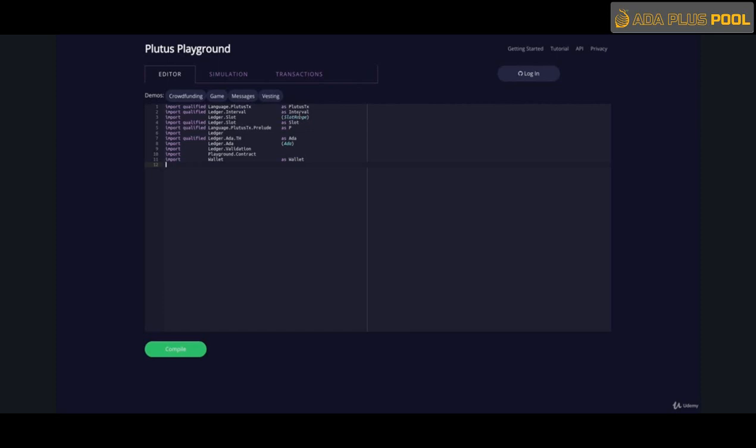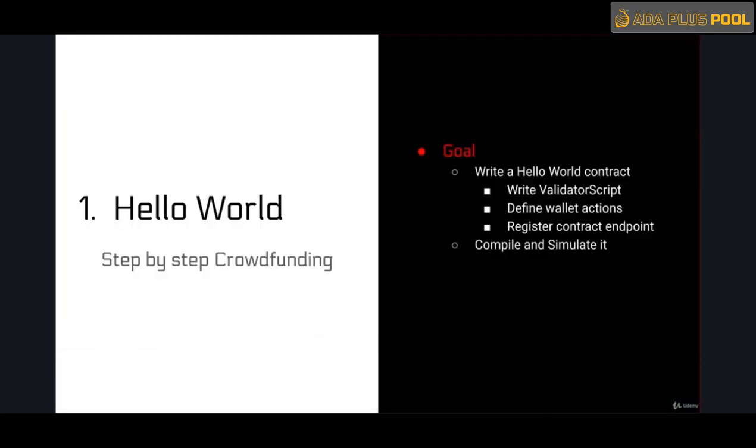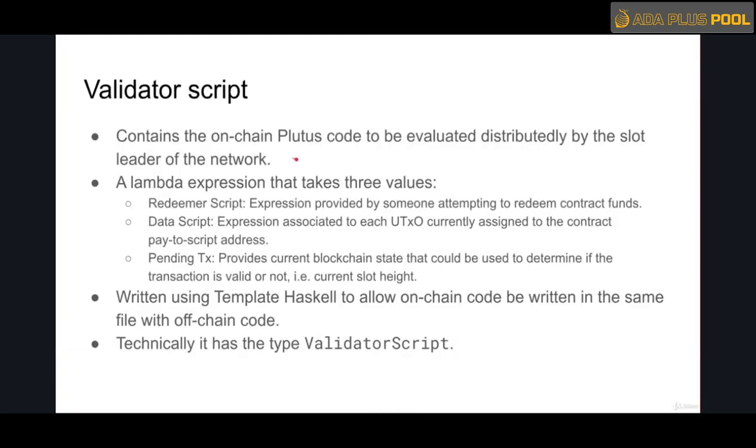The validator script contains the on-chain Plutus code, so that's what gets stored in the smart contract, to be evaluated distributedly by the slot leader of the network. It's a lambda expression that takes three values. The redeemer script, that is the expression provided by someone attempting to redeem the contract funds.